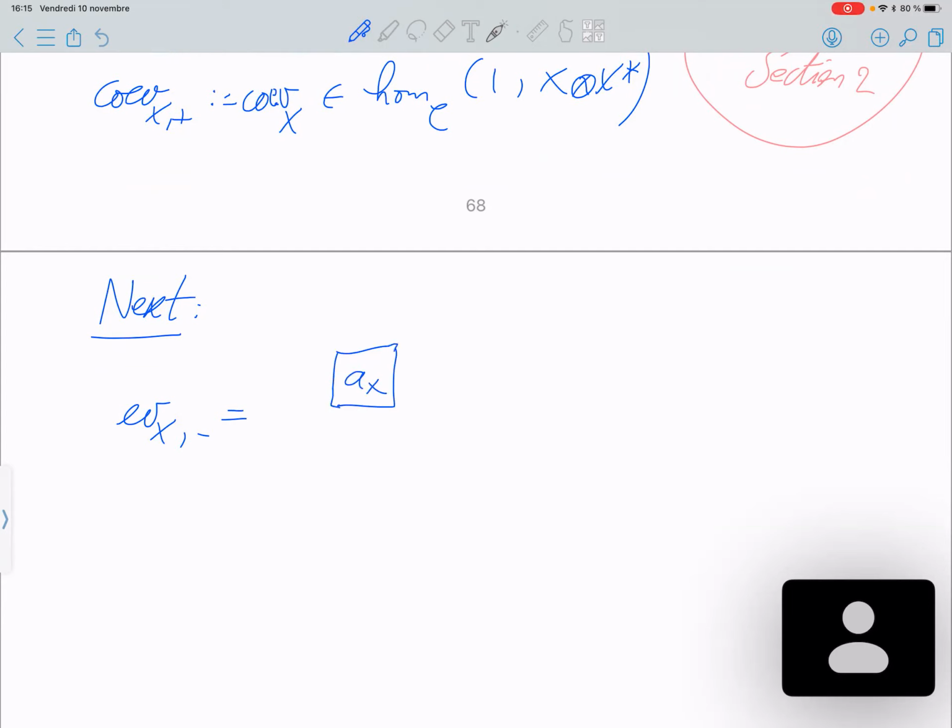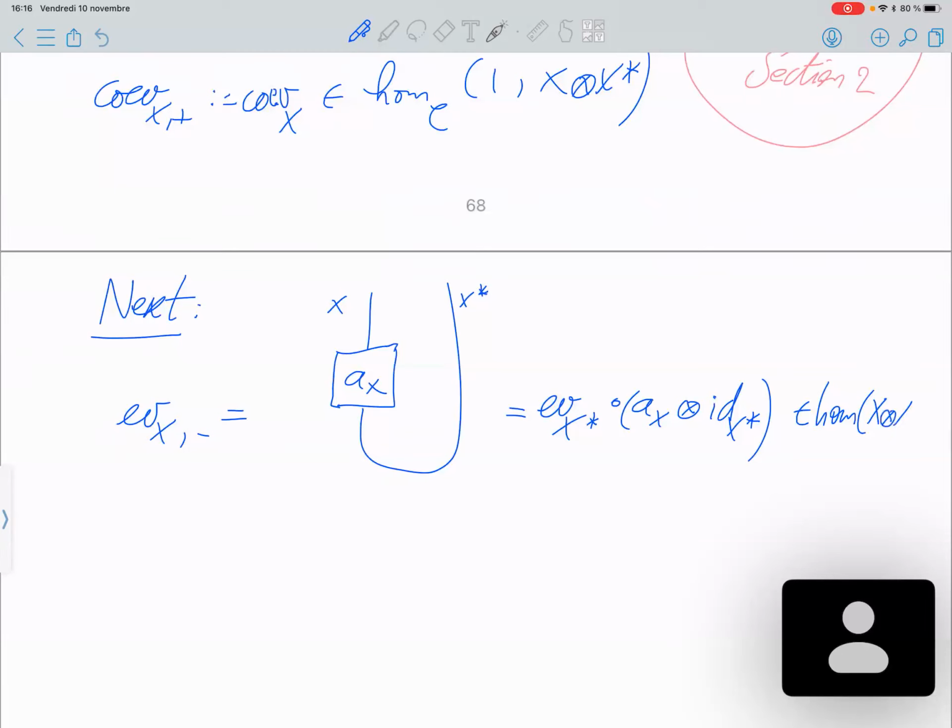You need the pivotal structure A X from X to X double star, and here you have the evaluation map, identity, pivotal structure. If you like, you can write it with a formula: the evaluation map of X star composed with the pivotal structure tensor identity of X star. So it's an element of this space.